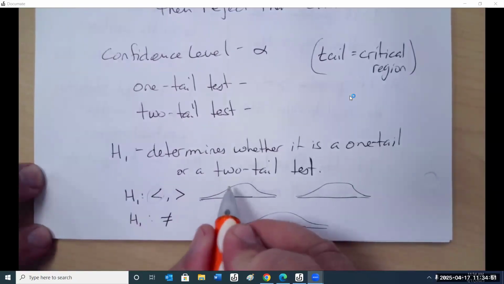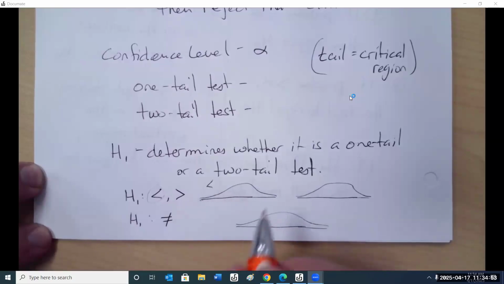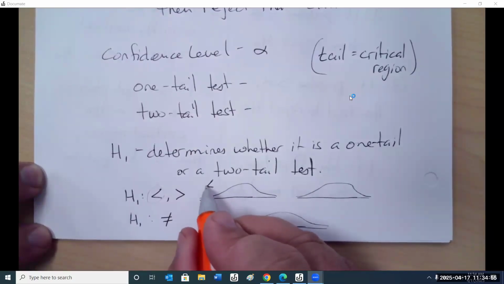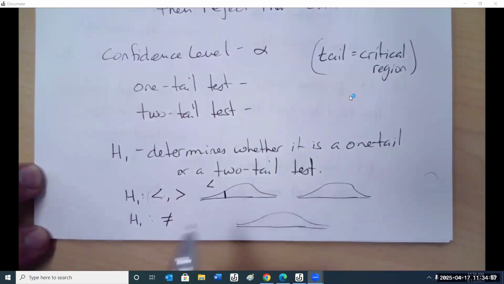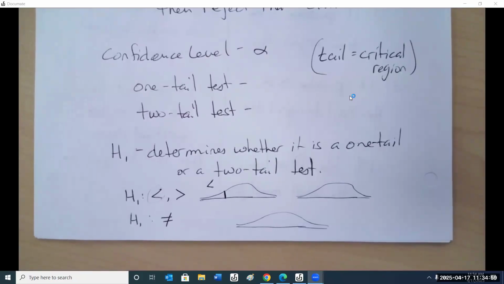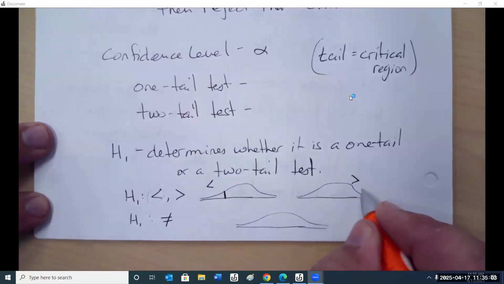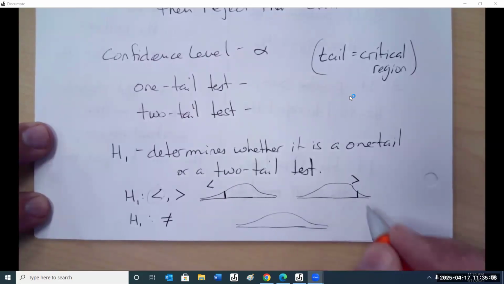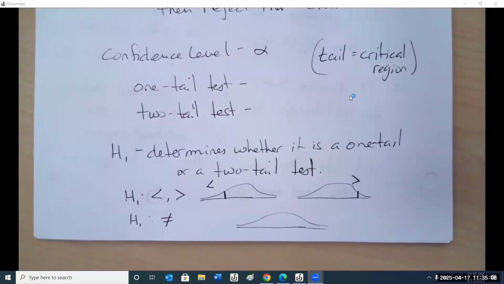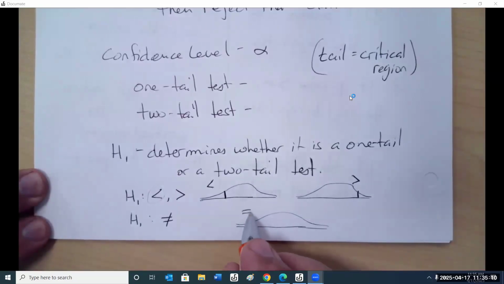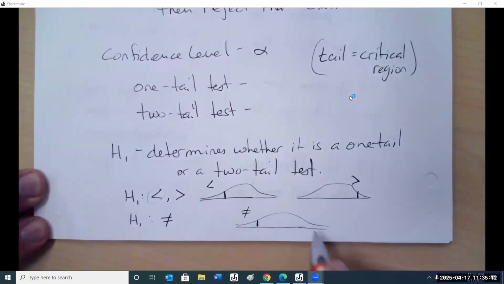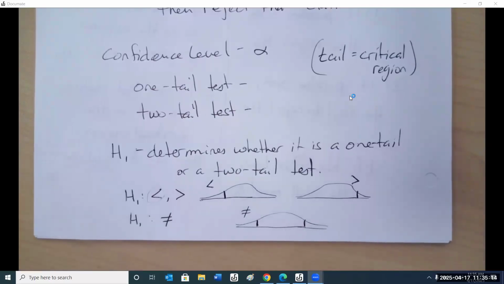If it's less than, since it's pointing to the left, it's a one tail left test. If it's greater than, it's pointing to the right, it's a one tail right test. If it's not equal to, then it's a two tail.